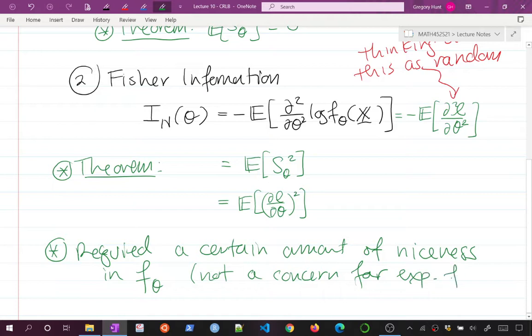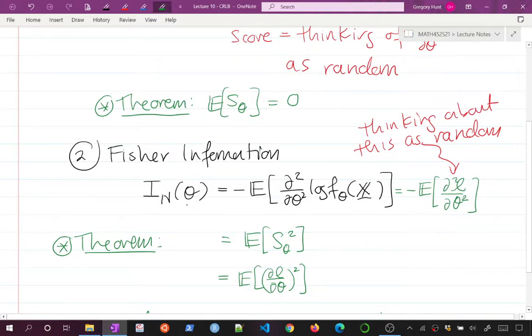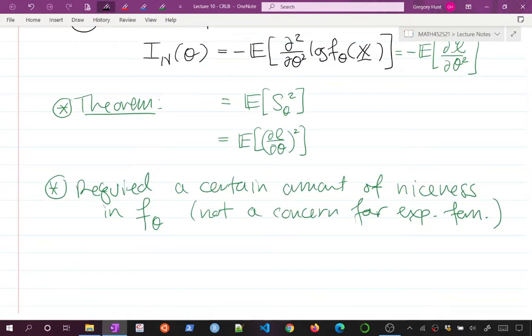So for exponential families, all of this works out nicely. If we don't work with an exponential family, some of this might not work out so nicely. So that was the Fisher information. It somehow tells us how much information is contained in our sample about parameter theta.